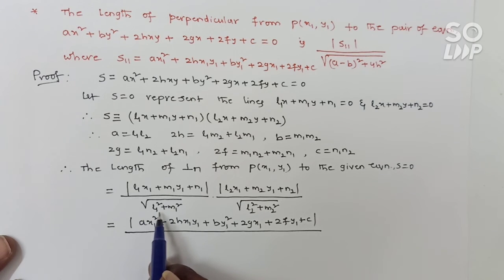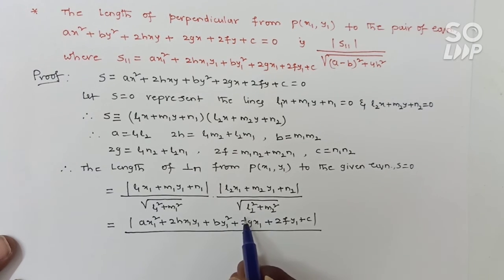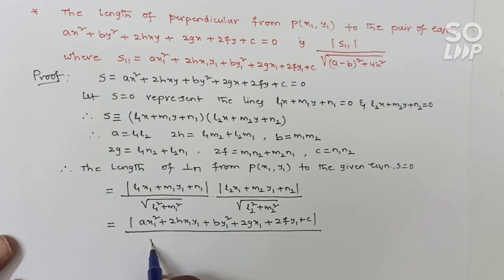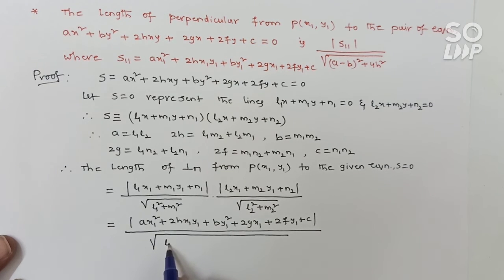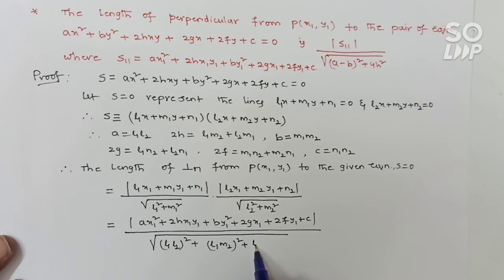Now you multiply the denominator: root of L1 square + m1 square into root of L2 square + m2 square. That is equal to the square root of (L1 L2) whole square + (L1 m2) whole square + (L2 m1) whole square + (m1 m2) whole square.